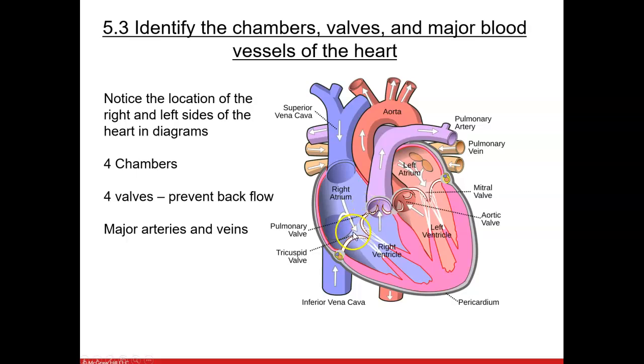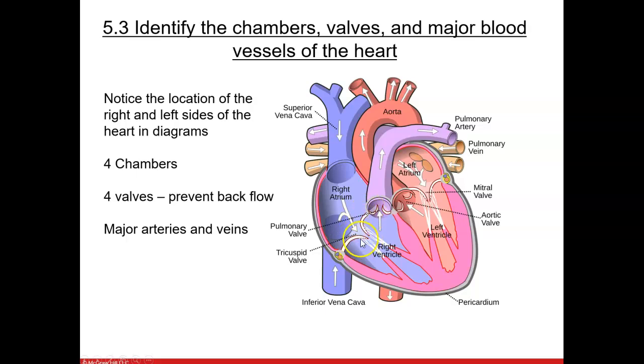Now, in your book, they called these 2 valves atrial ventricular valves, AV valves, because they're between the atrium and the ventricle. They call these AV valves, which is a general name. You can call it the right AV valve. It's also got the name called the tricuspid valve. So I'll use both of those names: the right AV valve, also called the tricuspid valve.